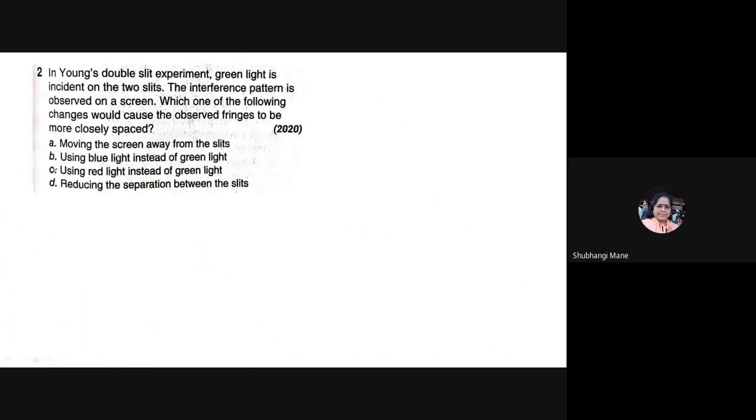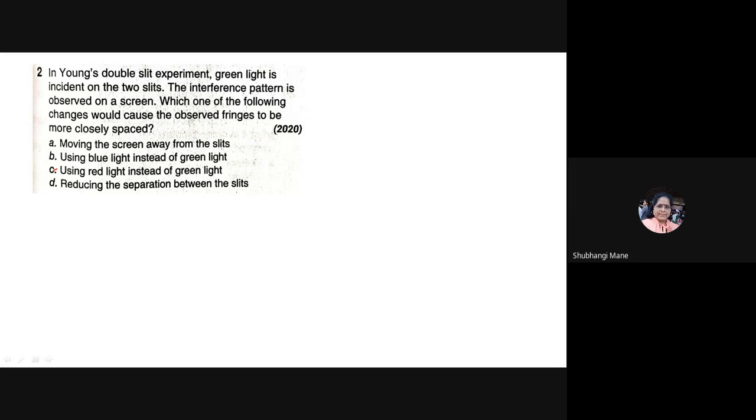Okay. Now, next one. In Young's double slit experiment, green light is incident on 2 slits. In Young's double slit, you used a monochromatic source and its light is green. The interference pattern is observed on a screen.